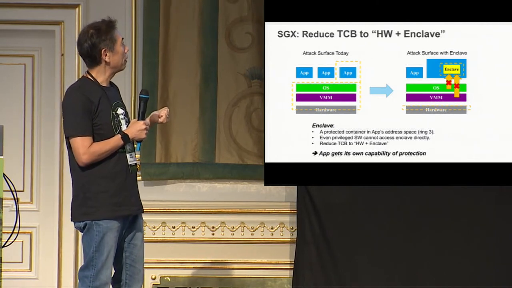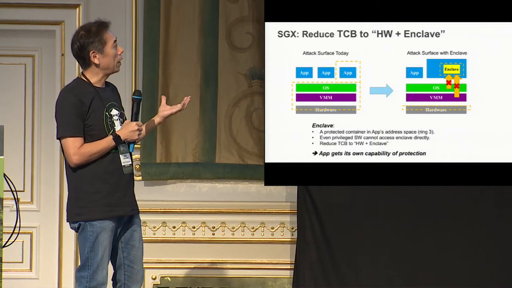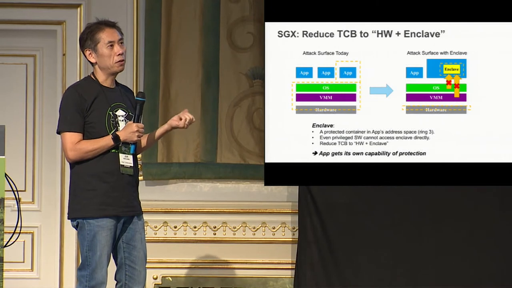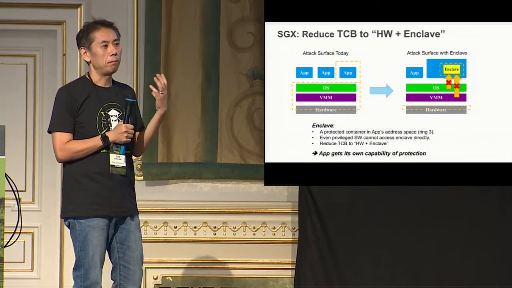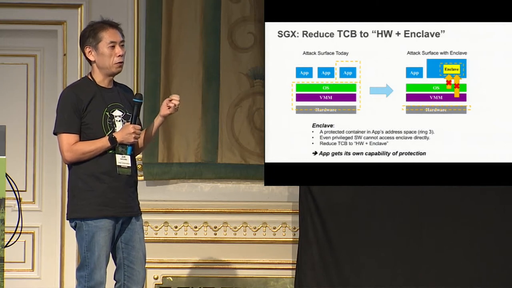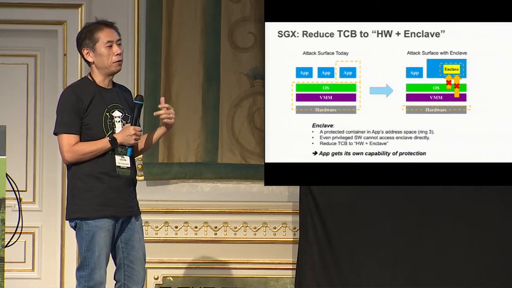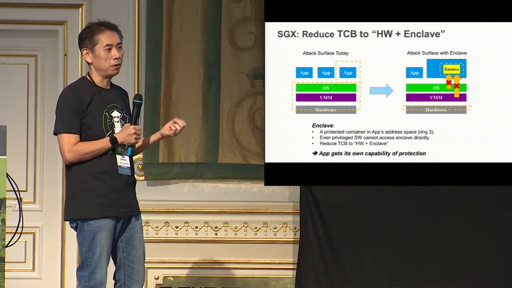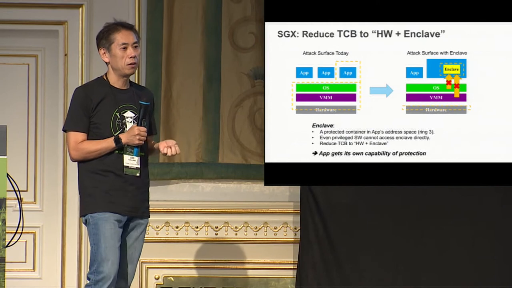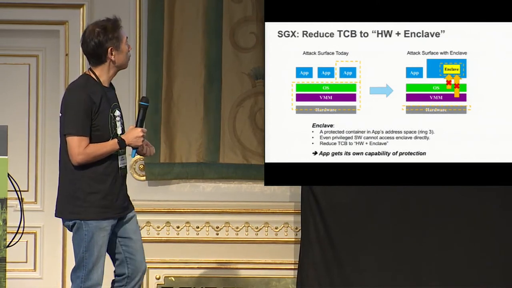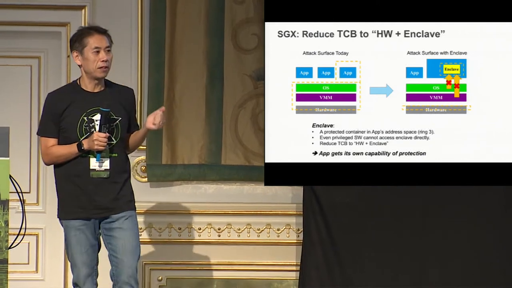So this way, even if OS or VMM are not really malicious, sometimes an attacker can use exploits, right? To use OS or VMM to attack application or VMs to steal sensitive information or data. So that's the reason we have SGX, okay? So far should be clear, right? Okay.